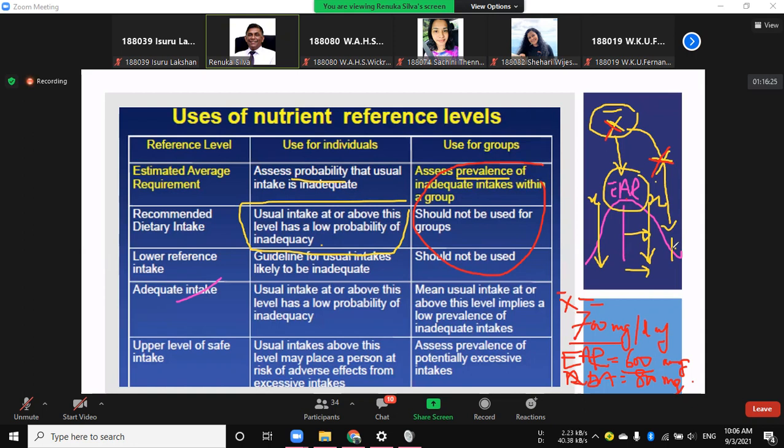Similarly, I can compare individual values with RDA. Now it should be clear. Individual values should be compared with RDA. Group value should be compared with EAR.